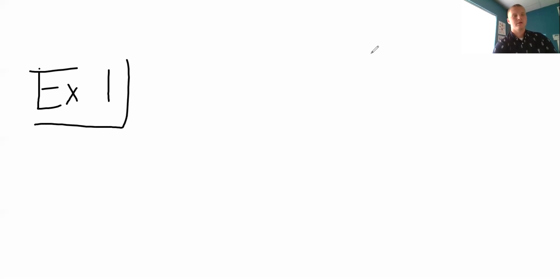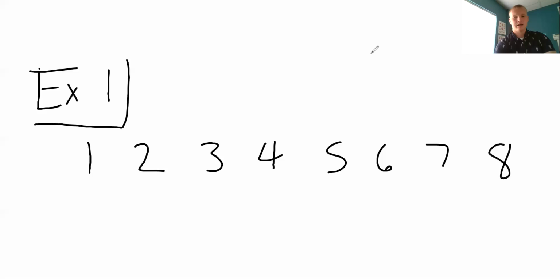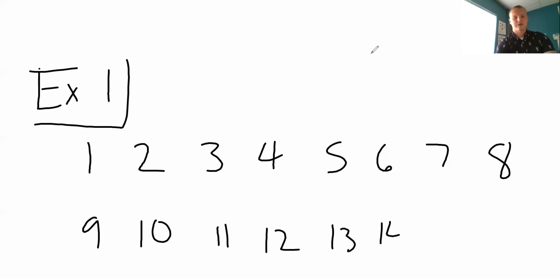Okay, example 1, make a list of the prime numbers that are less than 16. All right, so let's write out every number up to 16. So 1, 2, 3, 4, 5, 6, 7, 8, 9, 10, 11, 12, 13, 14, 15, 16.